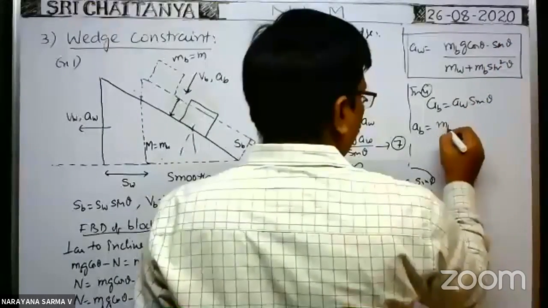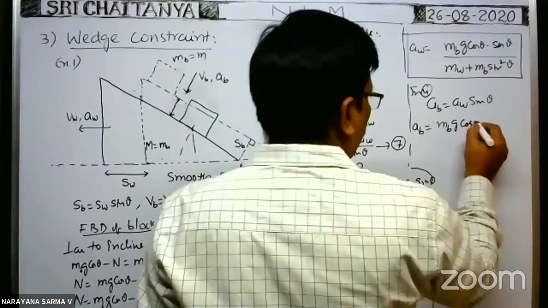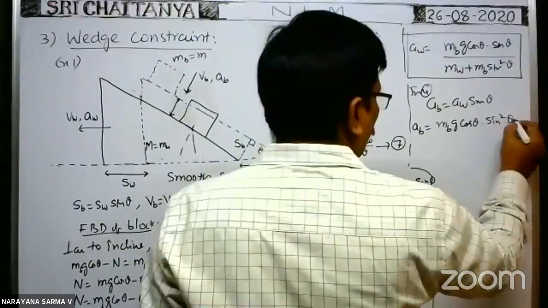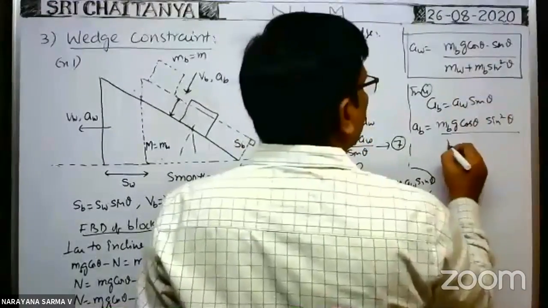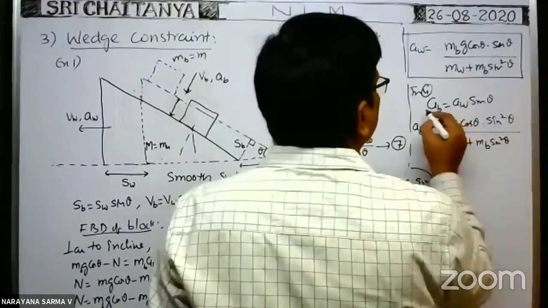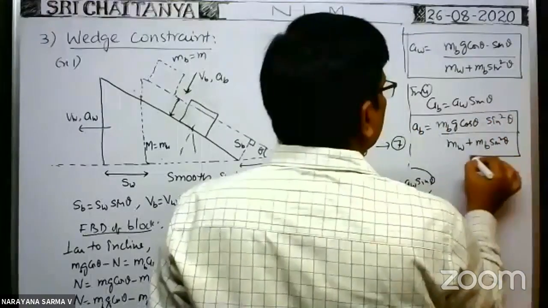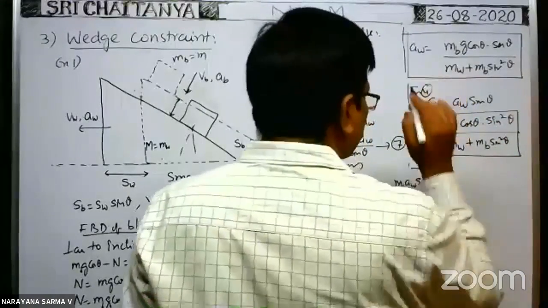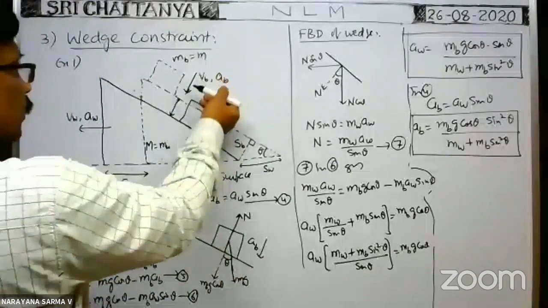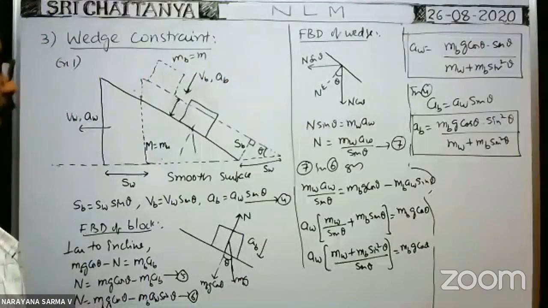That's all: mbg cos theta into sin square theta, whole by mw plus mb sin square theta. This is the acceleration of the block perpendicular to the incline.